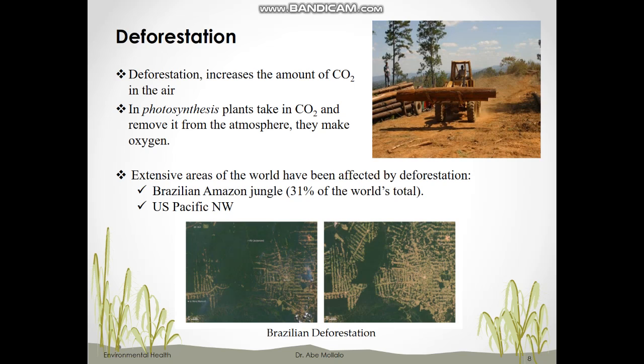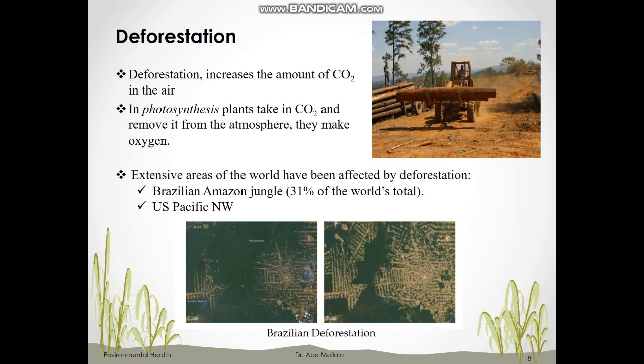Deforestation will increase the amount of CO2 because plants or vegetation during photosynthesis absorb carbon dioxide in the air and convert it to oxygen. But after deforestation, we won't have plants to reduce the carbon dioxide in the air.